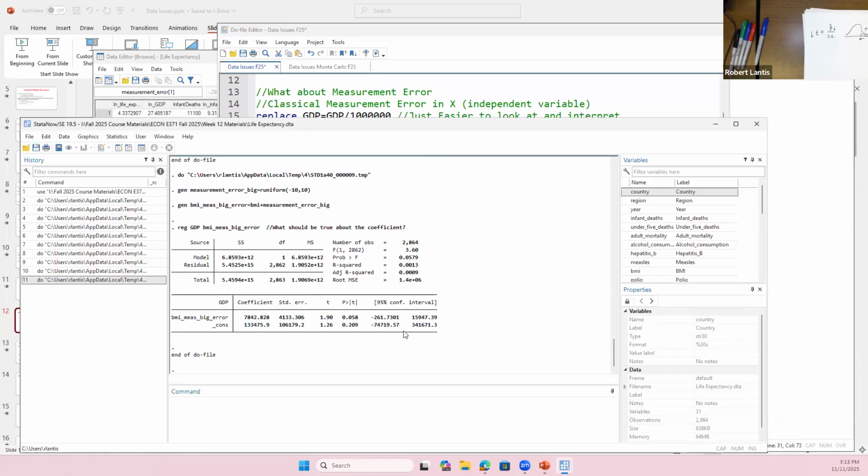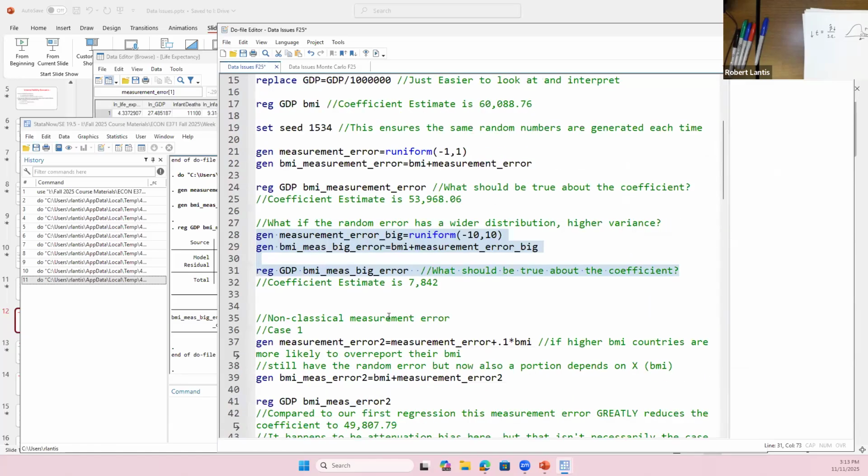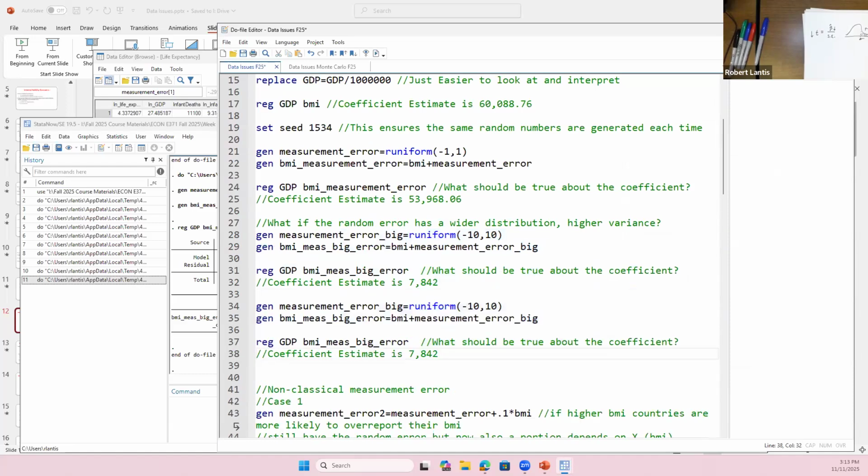Now, if I wanted to extend this thought experiment, I'm going to copy this, paste it, with measurement error, big error, and instead of negative 10 to 10, I'm going to go negative 100 to 100.